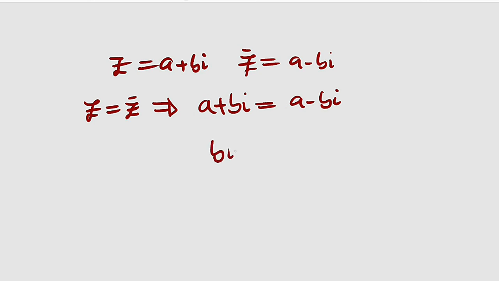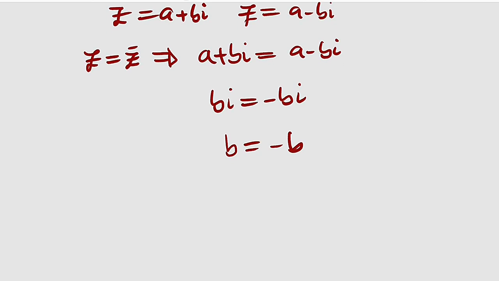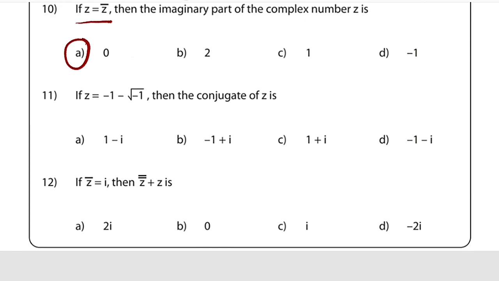This implies that bi is equal to negative bi. The i will cancel, b equal to negative b. How is it possible? It is only possible if b is equal to 0. This is the only condition. And if b is equal to 0, 0 multiplied by i, everything will be 0. Okay, we are done with that one.